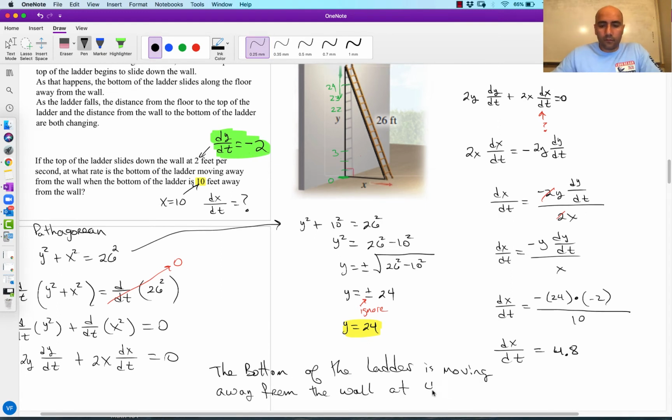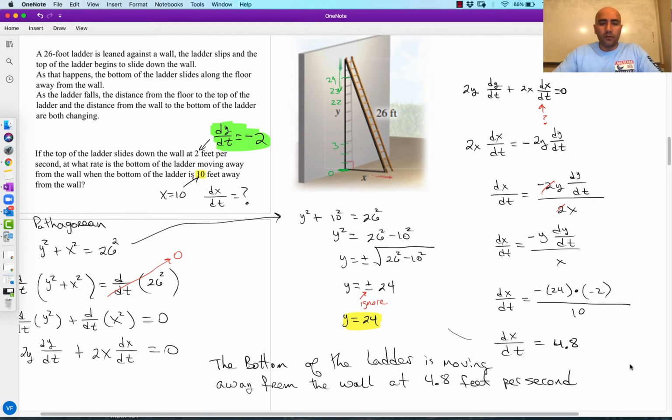So bringing it all together, we have this ladder. Its length is 26 feet. That's constant. It's leaning up against the wall. It's sliding down. And because the y variable is decreasing, we know that dy/dt is negative.